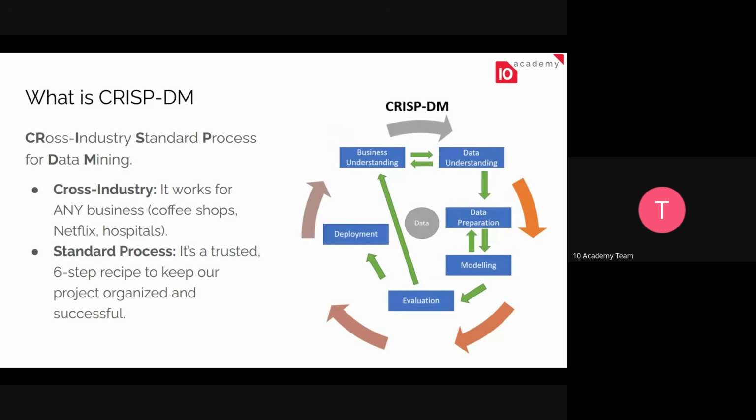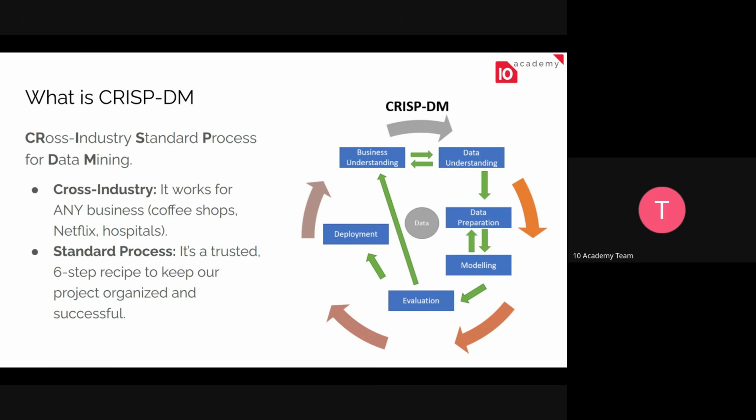Okay, so what is CRISP-DM? CRISP-DM is the most popular business plan, or recipe, for running a data science project. It stands for cross-industry standard process for data mining. Cross-industry means it works for any business: our coffee shop, Netflix, hospitals, any business.